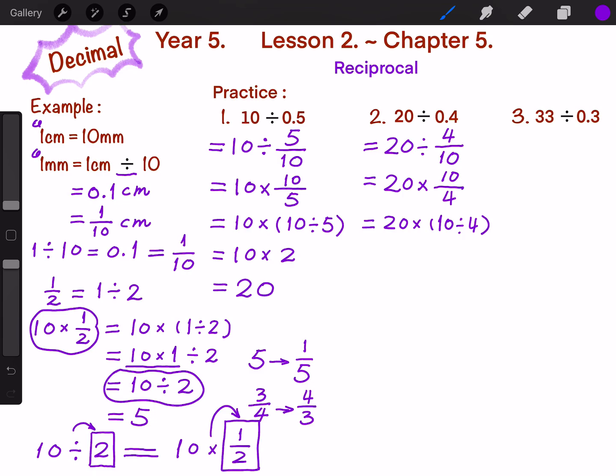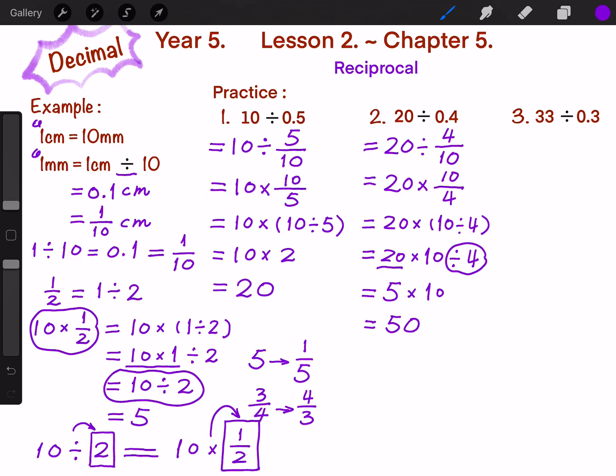Let's get rid of the brackets. 20 times 10 and then divided by 4. 20 divided by 4 equals 5 times 10. Finally, we can get 50. Interesting, right?